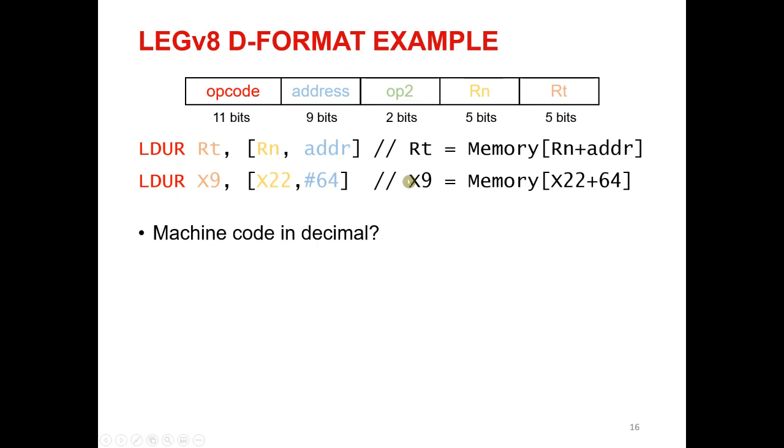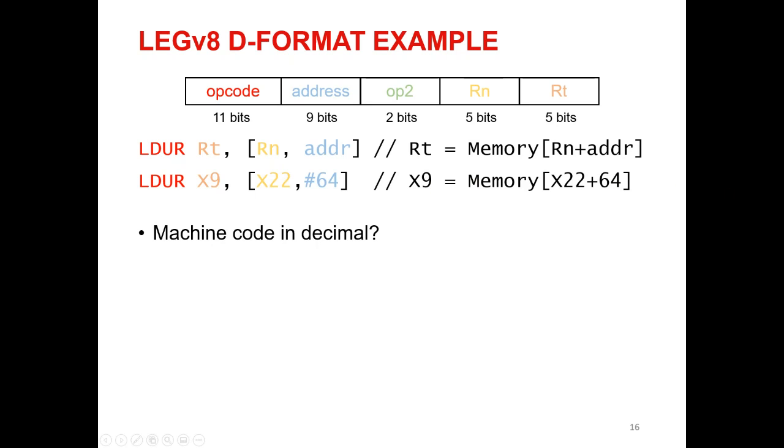So in this case, we are loading into register 9 the value in memory starting at the base address contained in register 22 plus an offset of 64. Remember that this 64 is like accessing element 8 of an array. Remember that it was a scale, and as each address refers to 1 byte, we need to scale it.